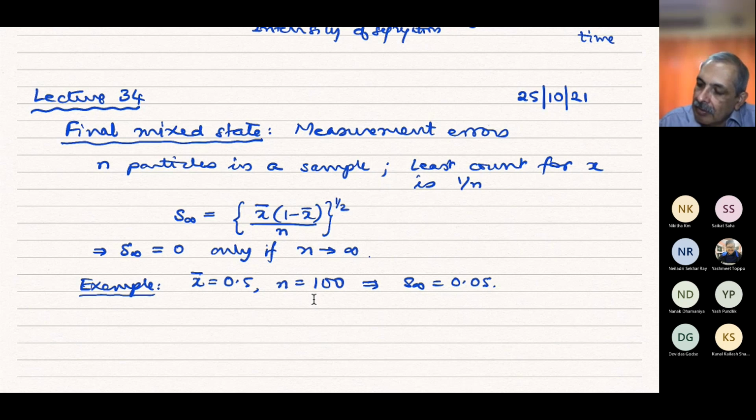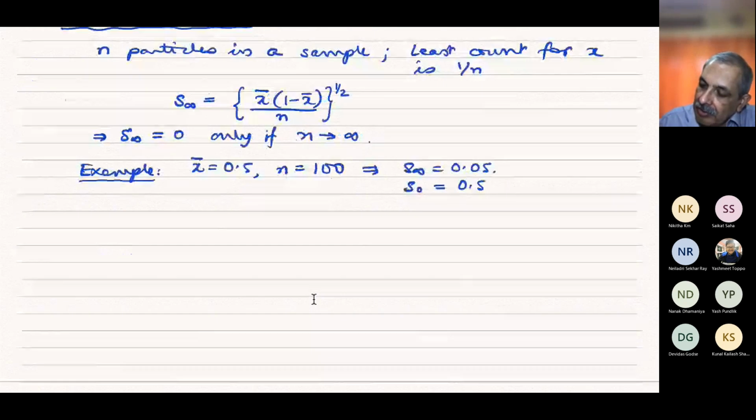And your S0 is going to be equal to 0.5. So this is what it is, that you can essentially get only a 10-fold decrease in S.